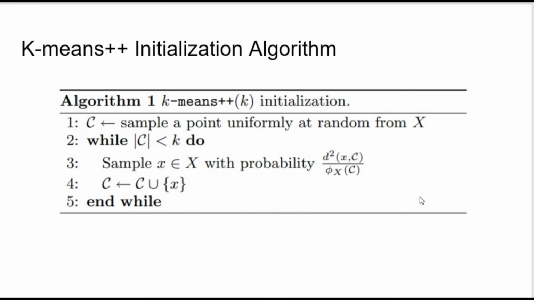Then we select the next center from the data points such that the probability of choosing a point as center is directly proportional to its distance from the nearest previously chosen center, i.e. the point having maximum distance from the nearest center is most likely to be selected next as center. So we repeat the previous two steps, and once we have selected k centers, then k-means++ has finished, and those centers can be used for Lloyd's iteration to cluster points together.